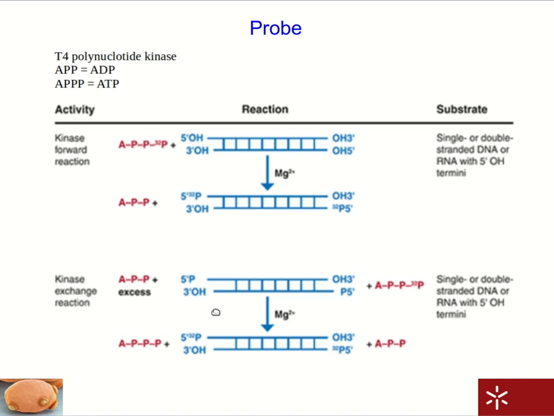So in this case, the end result will be radioactive DNA and a non-radioactive ATP in the end. So in essence, this phosphate here is transferred to ADP and replaced by this radioactive phosphate here.